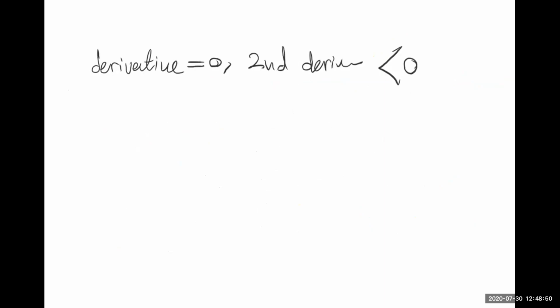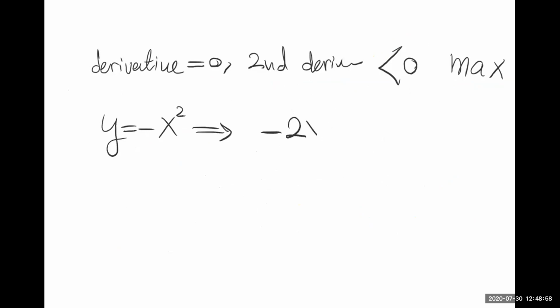If the derivative is 0 and the second derivative is negative, we would have a max, like y equals minus x squared. What is the derivative here? The derivative is minus 2x. At x equal to 0, minus 2x is 0.